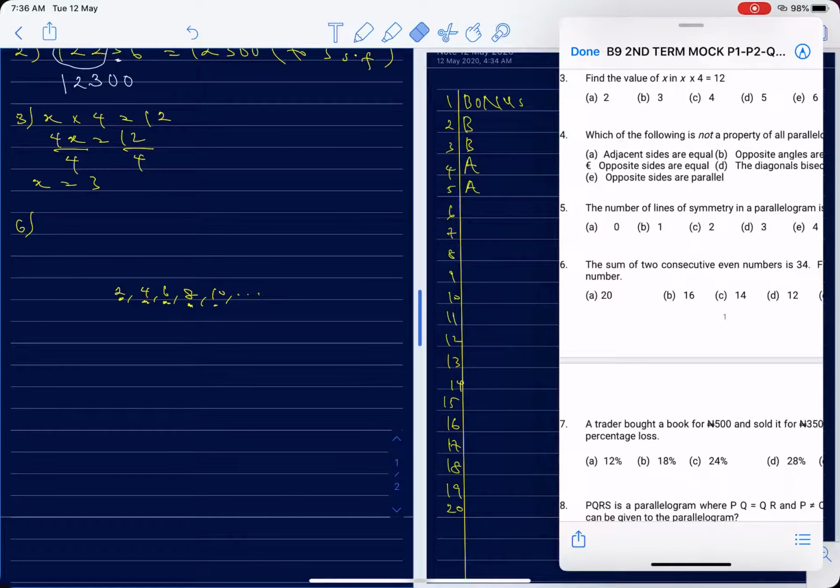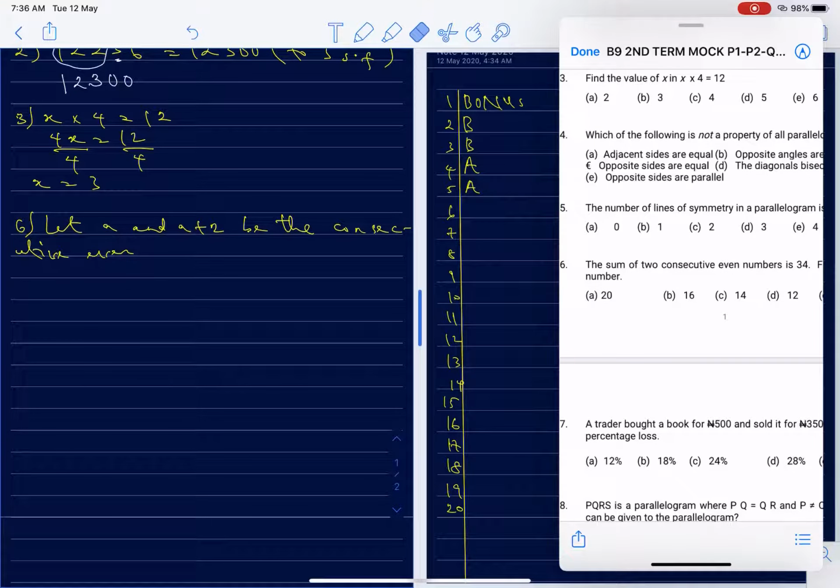So they said two consecutive even numbers. Let the first even number be A. Let A and A plus 2 be the consecutive even numbers.